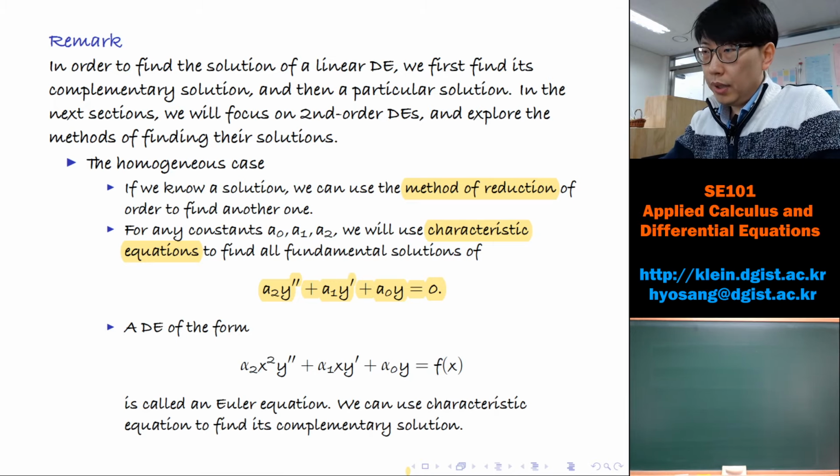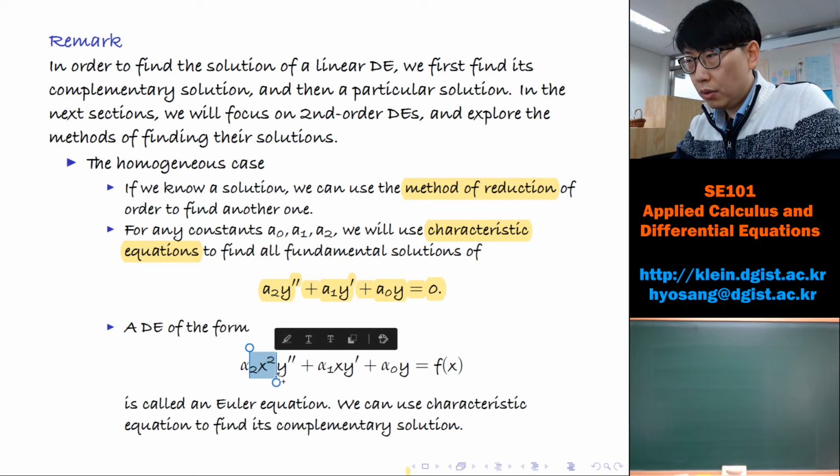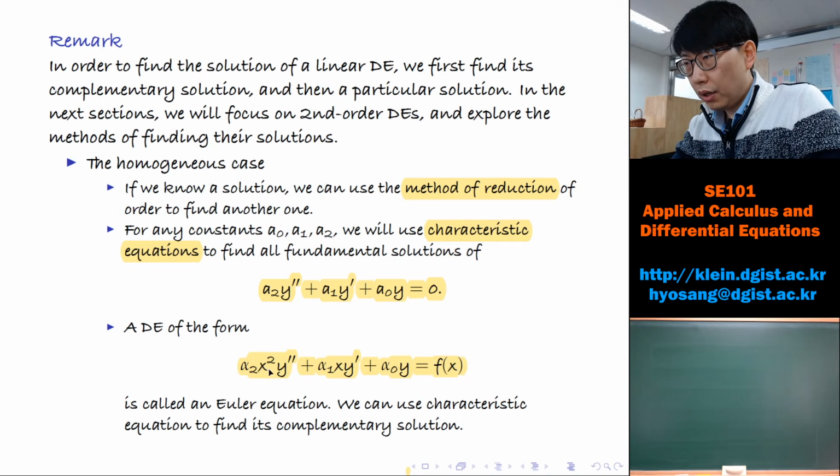A little bit of generalization is that if you have an ordinary differential equation with coefficients that are not constant but have a consistent form, such that the coefficient of y double prime is alpha 2 times x squared, and for y prime you have alpha 1 times x, and for y, since this is the zero order derivative, you have x to the power of 0, so you just have alpha 0 as a constant.